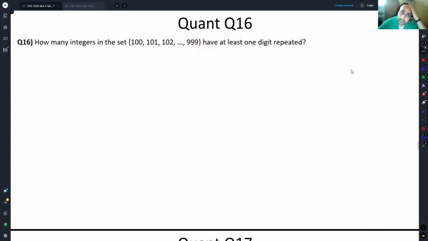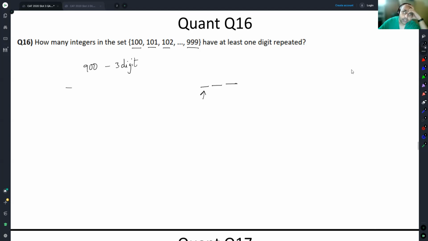How many integers in the set 100, 101, 102, and so on up until 999 have at least one digit repeated? So, how many 3-digit numbers are there? There are 900 3-digit numbers. Let us remove all cases of all 3 digits being distinct.